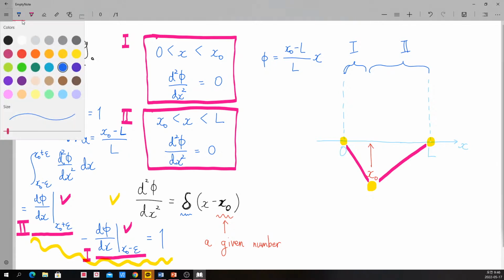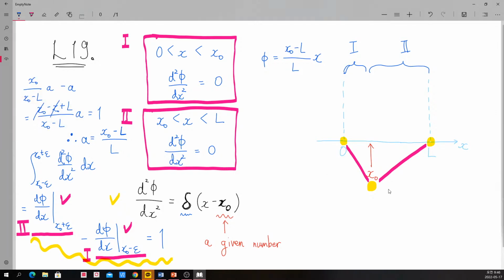And once again, this function value is given by x naught minus L and L. So simply speaking, once again, its slope here is given by x naught minus L, because here we have an x naught difference, and within this x naught difference the function value changes by an amount of minus x naught, oh sorry about that.